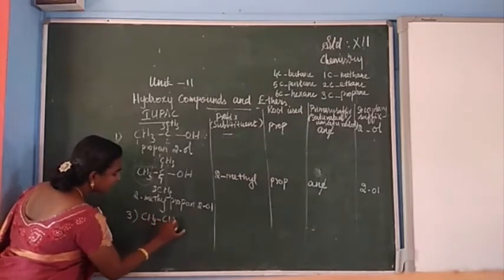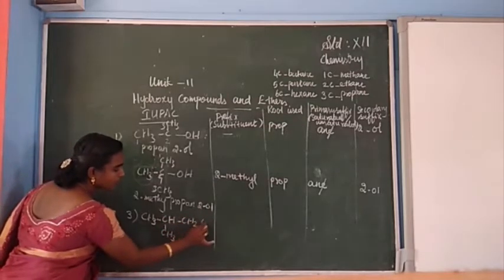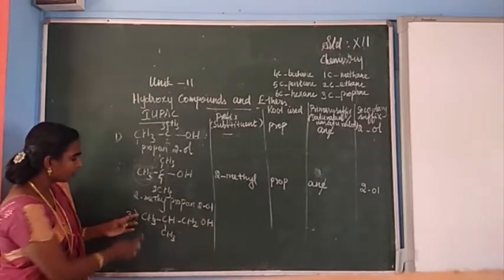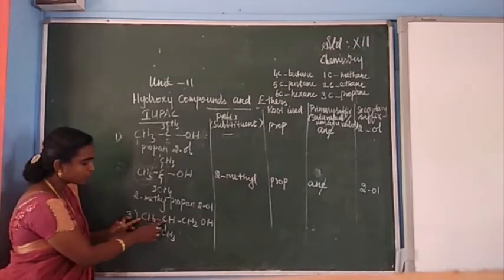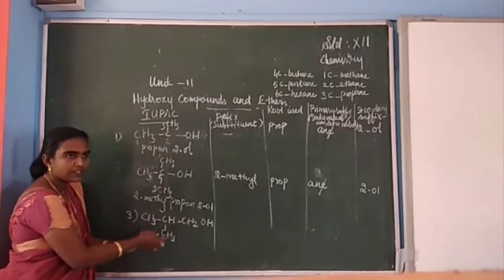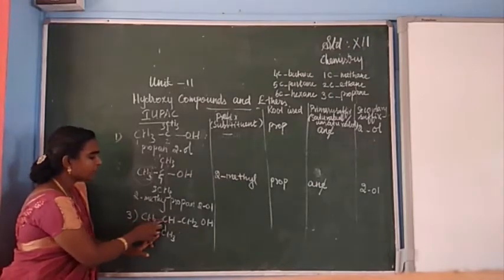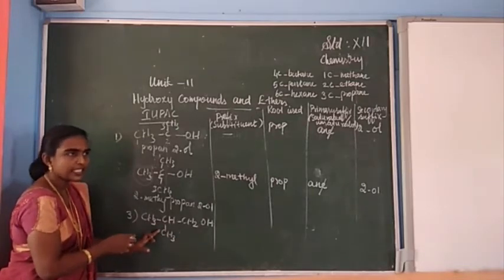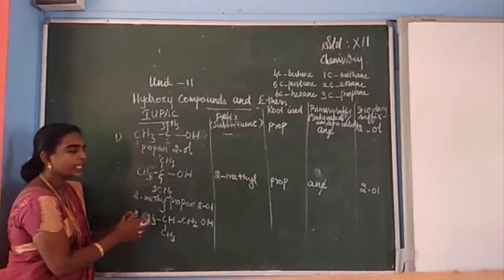CH3, CH3, CH2OH. When you consider this compound, the number of carbon atoms in this compound is 1, 2, 3, 4. We have to plan such a way: is it possible to number these 4 carbon atoms? If it is not possible, at least is it possible to give 3 numbers? The 3 numbers should be continuous.